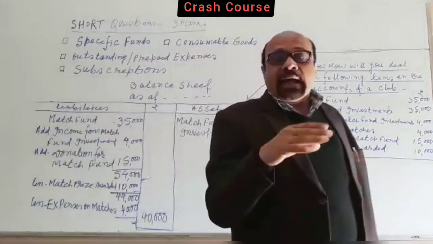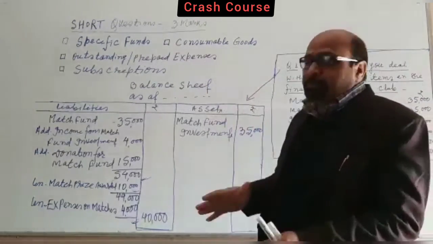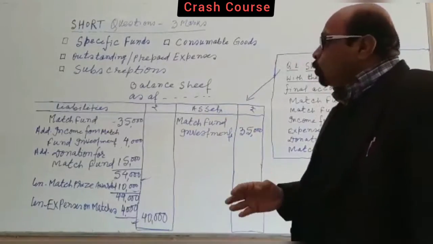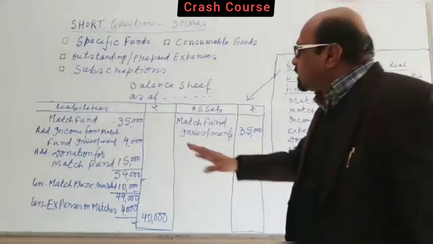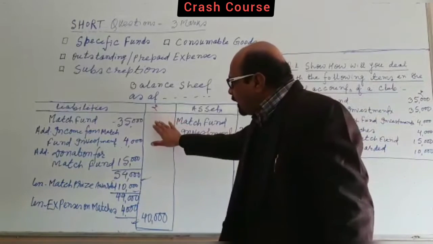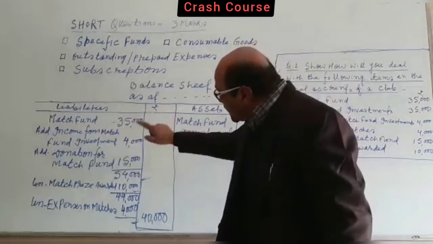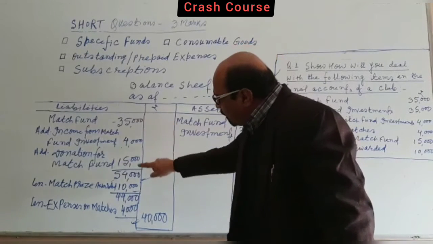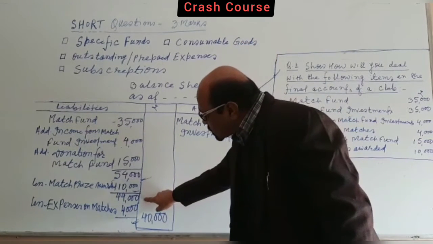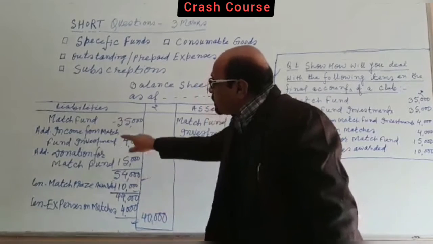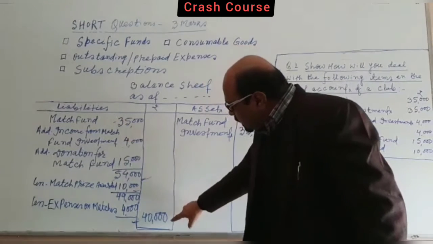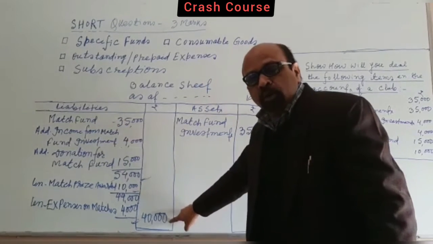So at the end you will get what is the actual amount in the match fund at present, at the end of the year. So at the end of the year, after addition of different incomes related with the match fund and after deduction of different expenses which are related with match fund, the amount is how much?